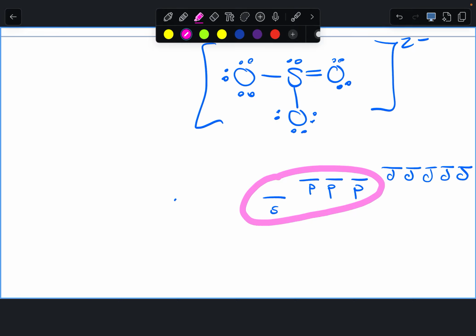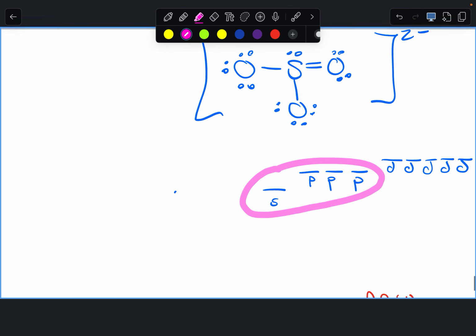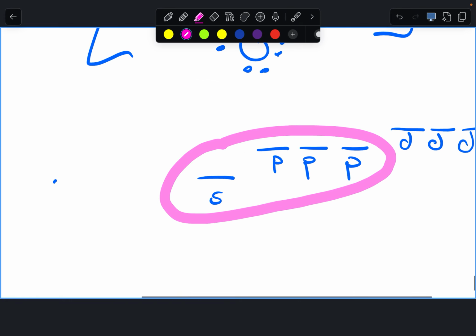We know that they don't look like the original s orbital and the original p orbitals. We know that they're in a tetrahedral shape. And what's probably the weirdest part is that the new orbitals that are made have energy between s and p. So these are my new ones, but they're a little bit closer to the p.